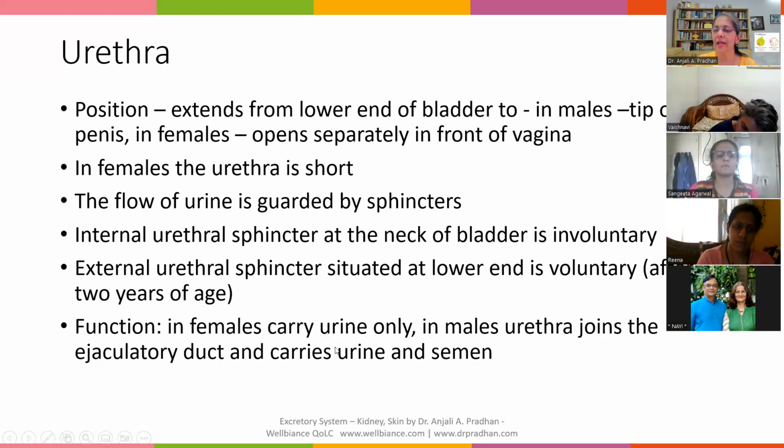In females, it carries only urine. But in males, it also carries semen. Okay. मेल्स में प्रोस्टेट ग्लैंड रहता है, और ये जो डक्ट रहती है दैट opens into urethra and then urethra opens outside.